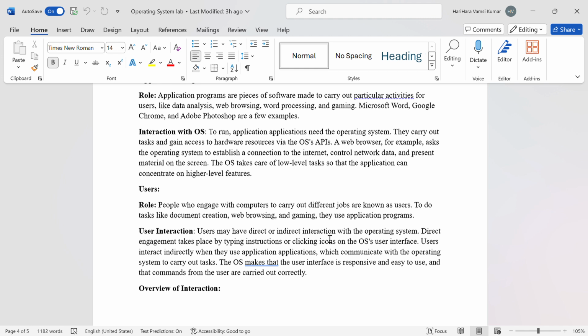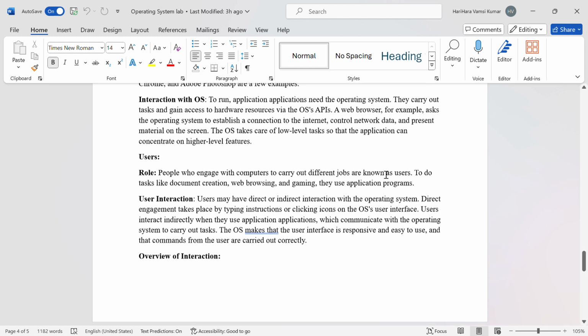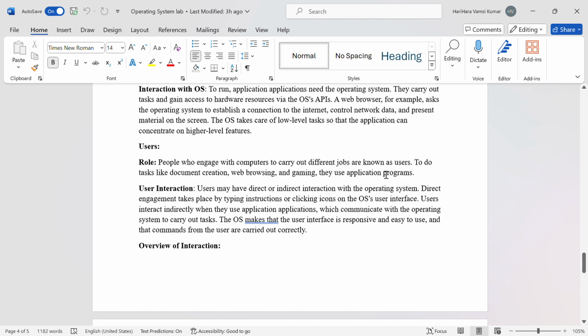User interaction. Users may have direct or indirect interaction with the operating system. Direct engagement takes place by typing instructions or clicking icons on the OS user interface. Users interact indirectly when they use applications which communicate with the operating system to carry out tasks.